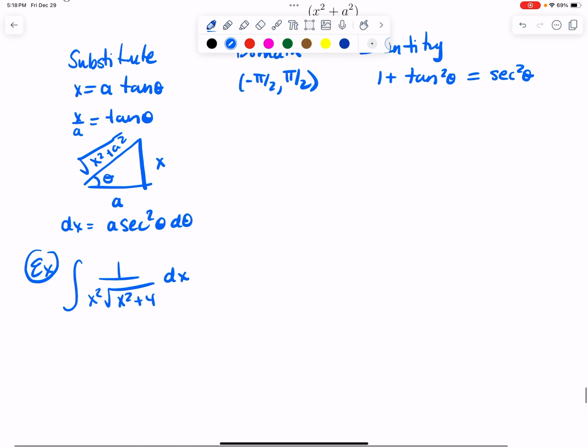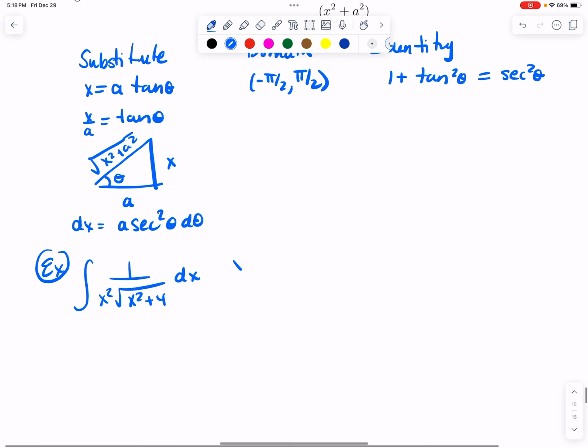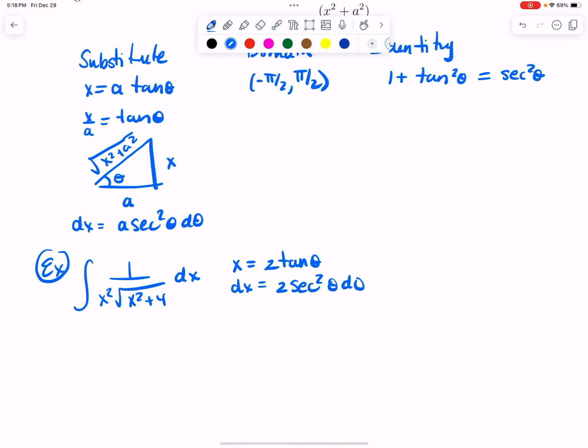Here my a is 2, so we're going to say x is 2 tangent theta, which means dx is 2 secant squared theta d theta. It generates this triangle, x squared plus 4. So any trig function that we need to pull out, we can get from this triangle based on our substitution.